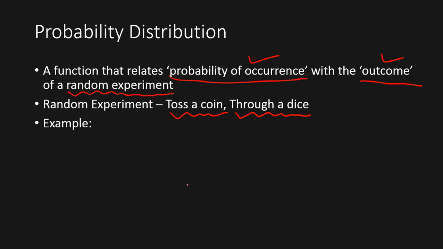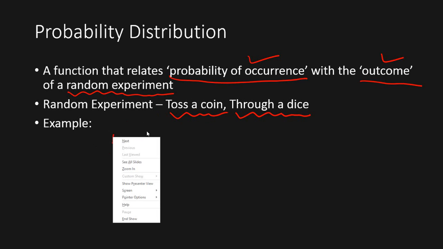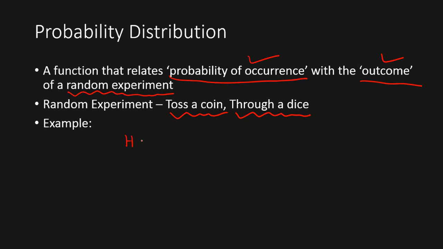So if we take an example, that will make things more clear. So let us take an example. We have got two coins and then we will toss two coins simultaneously. So what are going to be the outcomes of this experiment? We will get two heads. So that could be the possibility, getting two heads, or we could get one head and one tail.